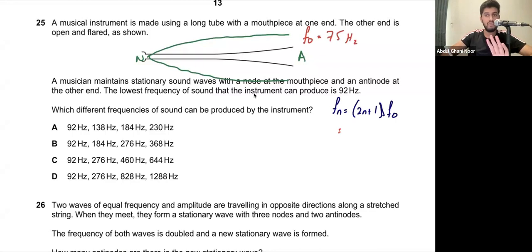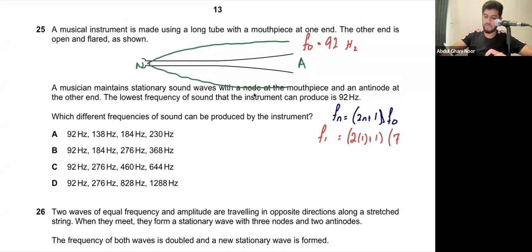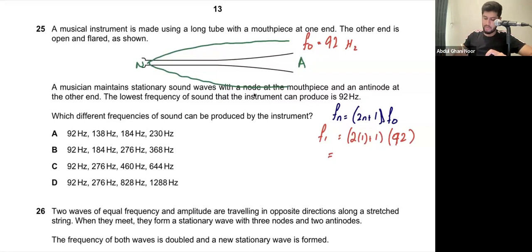This is the fundamental frequency. For F1, I'll say 2 into 1 plus 1 into F0, which is 92. And that gives you 276 hertz.